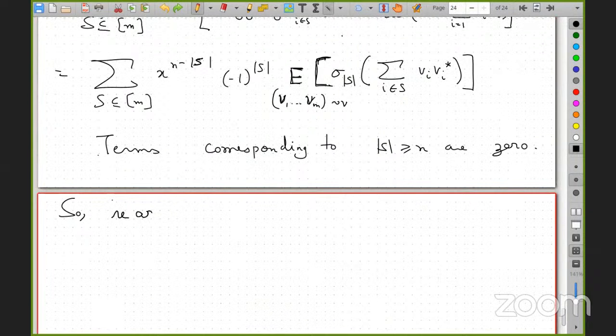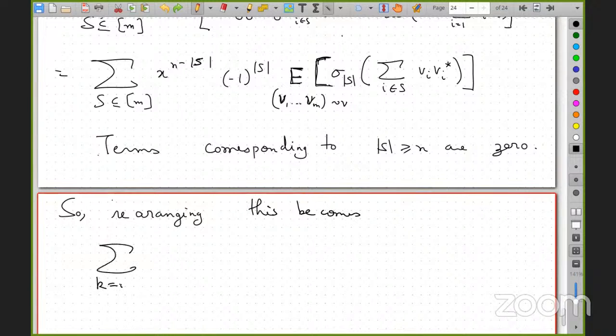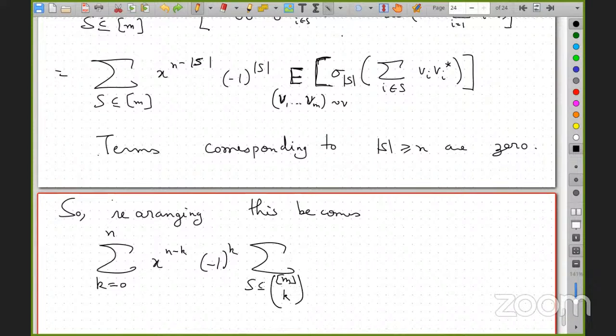Rearranging, this becomes summation k going from 0 to n, x to the n minus k, minus 1 to the power k, summation over all S subset of m of size k, of the expectation over v1 to vn of sigma k of summation i in S, vi.